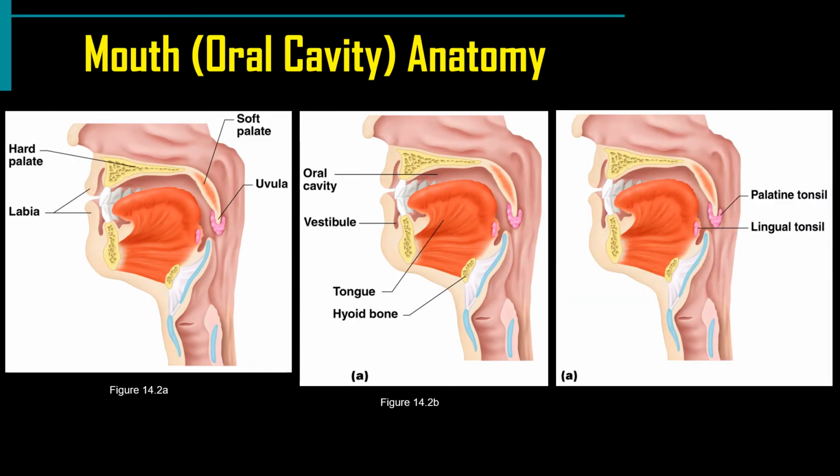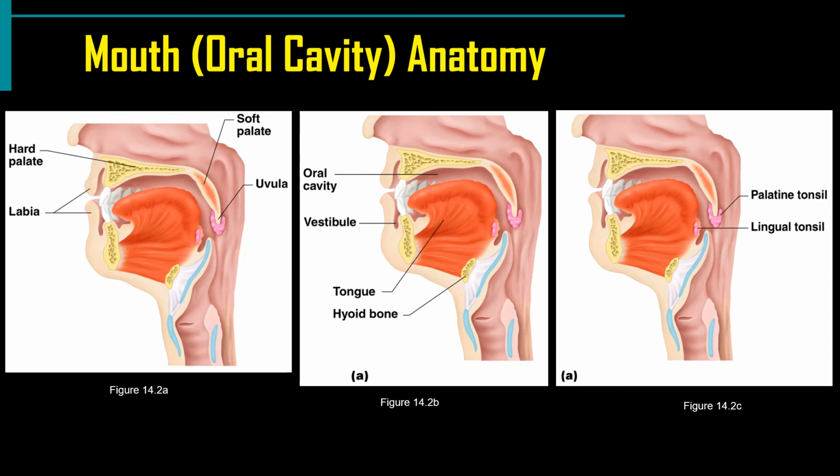Next, we proceed with the anatomy of the mouth. First, we have the labia or the lips, which is responsible for protecting the anterior opening of the mouth. Second, we have the hard palate that forms the anterior roof of the mouth. Next, we have the soft palate, which forms the posterior roof of the mouth.